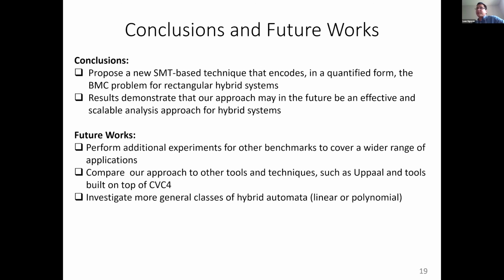Here we particularly focus on one illustrative example for rectangular hybrid systems and 2 benchmarks of timed automata. But definitely we will try our approach on other benchmarks, and we would like to compare our approach to other tools and techniques such as UPPAAL or the tool built on top of the CVC4 solver.